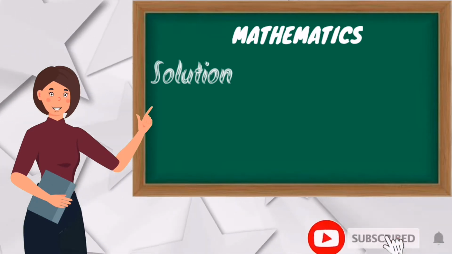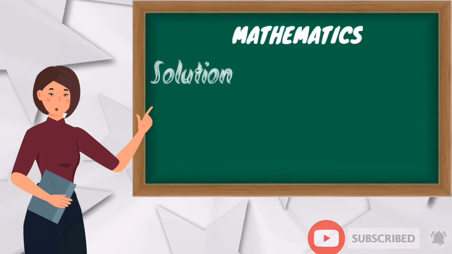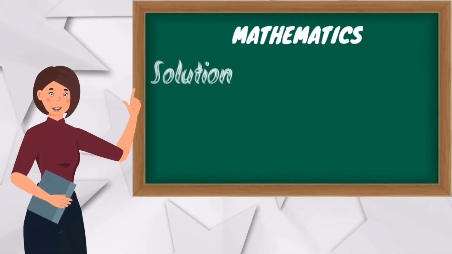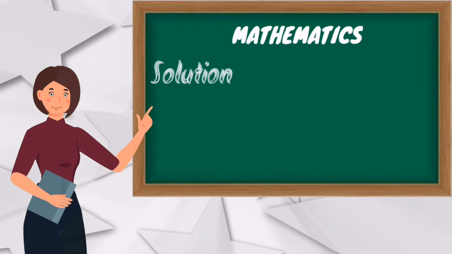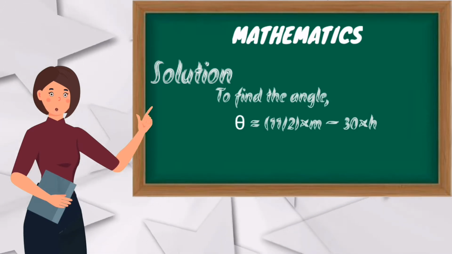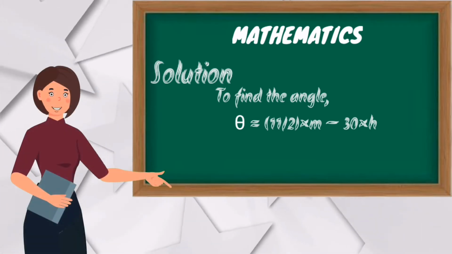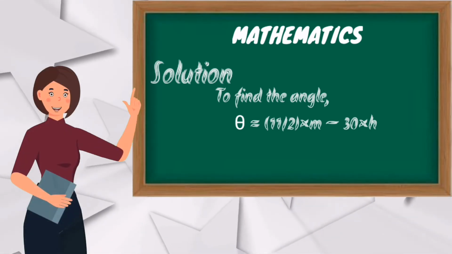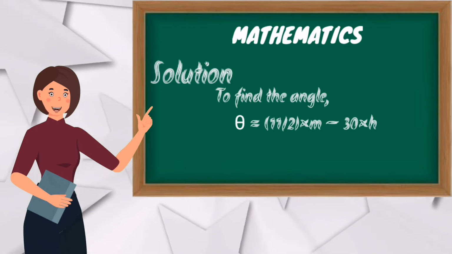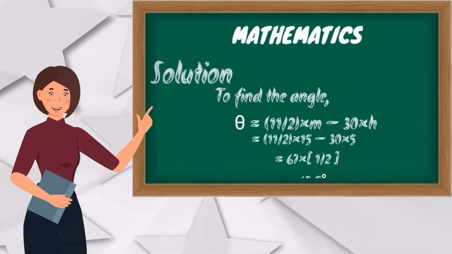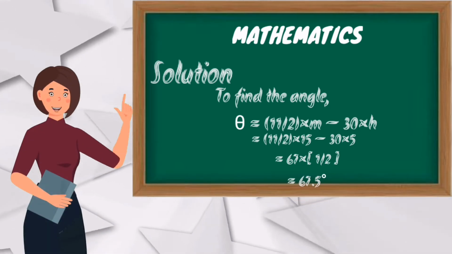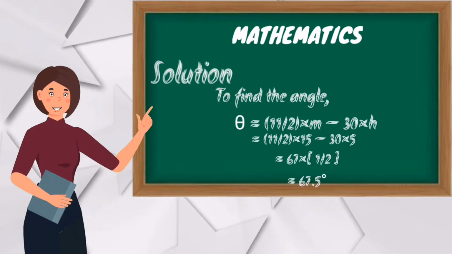So here we are provided with the time as 5 hours 15 minutes, and we are set to calculate the angle between the hour needle and the minute needle. So we can use the same formula, that is, theta equals 11 by 2 m minus 30 into h. Here we can substitute the value of m as 15 and h as 5, and by calculating we will get the answer as 67.5 degrees. So our correct answer is option D.